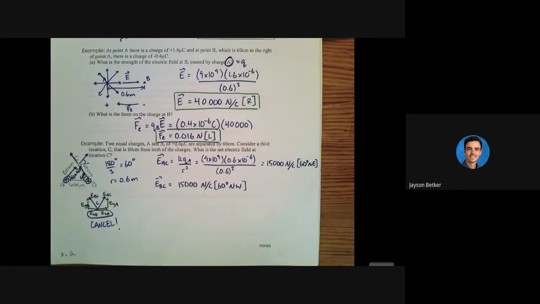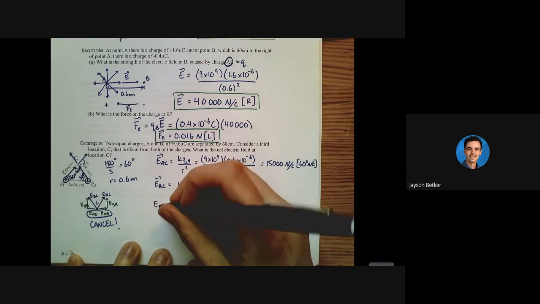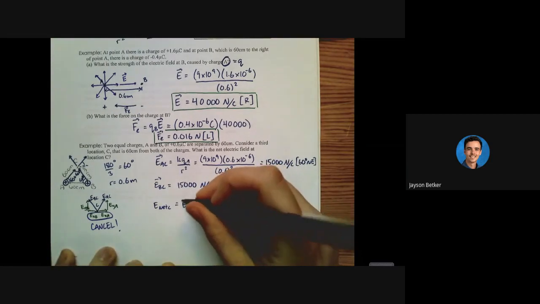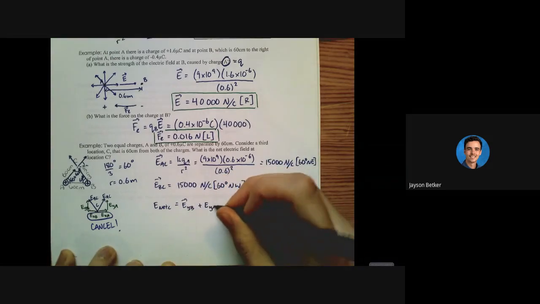Now, since my X components cancel each other, my total electric field is just going to be EYB plus EYA. So my E net at C is going to be EYB plus EYA.